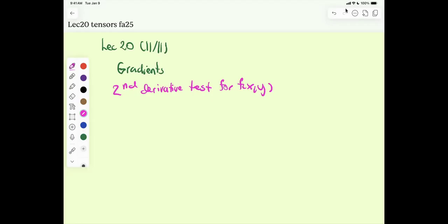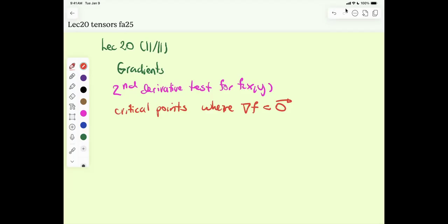To find the critical points, you would find the gradient and set it equal to 0. And then the second derivative test was a way to classify the critical points as a local max, a local min, or a saddle.